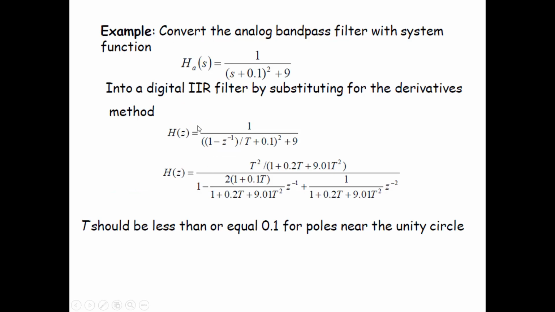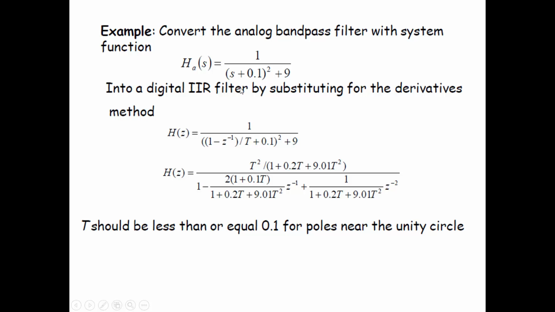Now let us look at one of the examples. The example says we have to convert the analog bandpass filter with system function H(s) equal to 1 over (s plus 0.1) whole square plus 9 into a digital filter by substituting for the derivatives method.